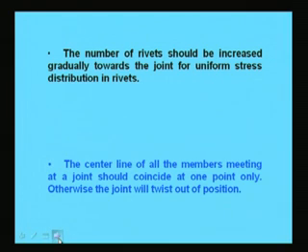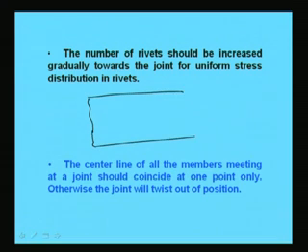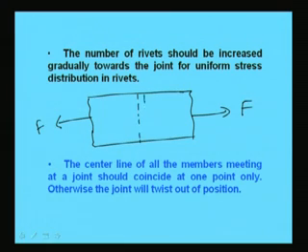Next, the number of rivets should be increased gradually towards the joint for uniform stress distribution in the rivets. What does it mean? Suppose we have two plates with some axial forces acting on them, connected through some plates.